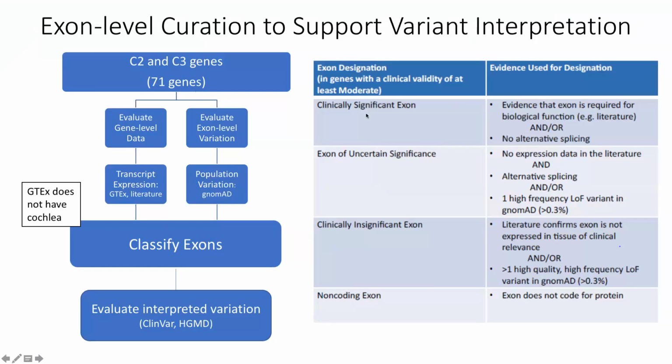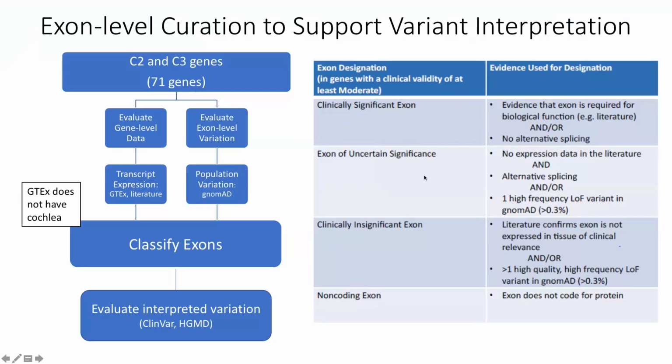We wouldn't want to rule out an exon, particularly for variant classification in a clinical lab, unless we were really sure that the exon was not significant. We don't want to miss anything for patients. And so for a clinically significant exon, we wanted to see that there was evidence that the exon is required for biological function. Was there evidence in the literature? When we looked at GTEx, was the exon expected to be expressed at high levels across multiple tissues?